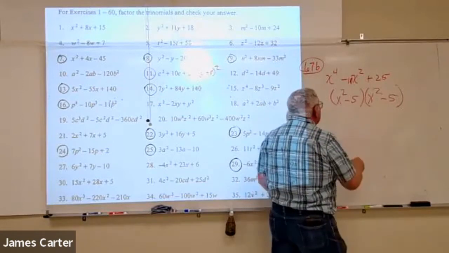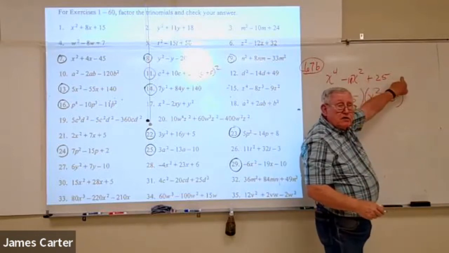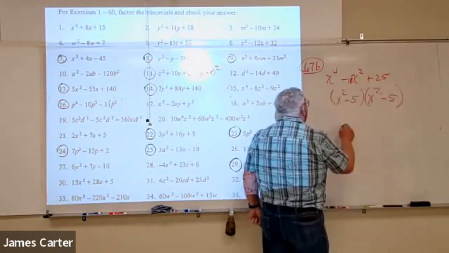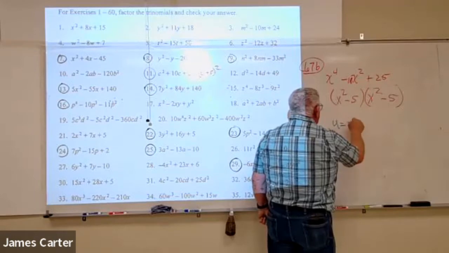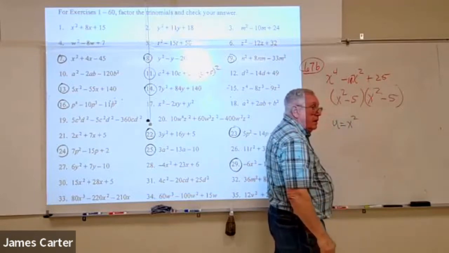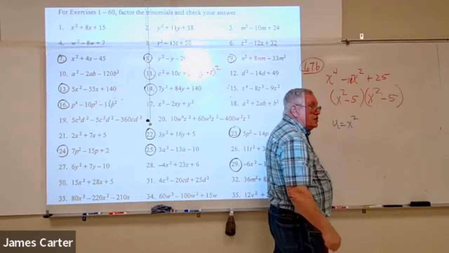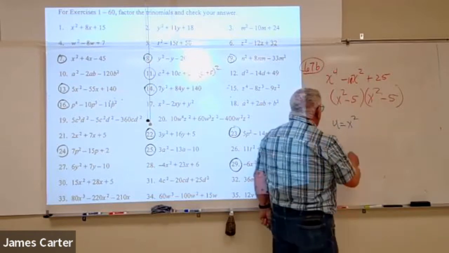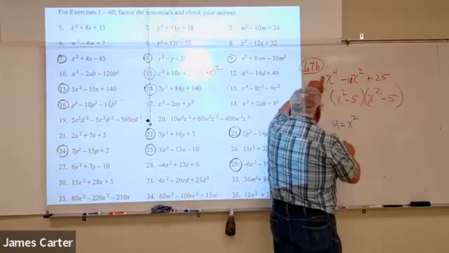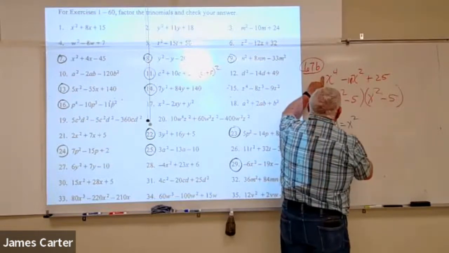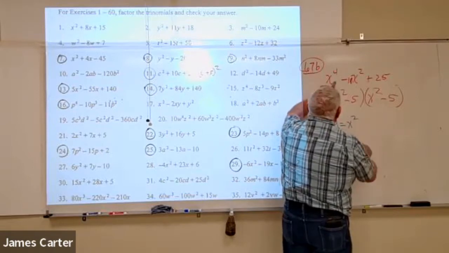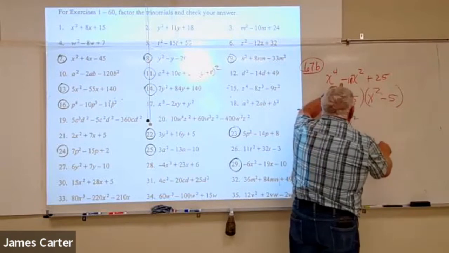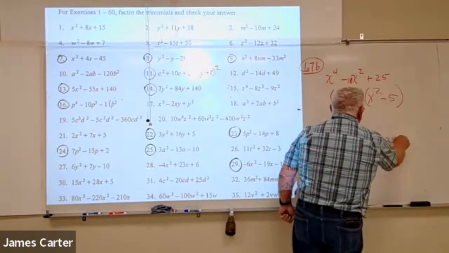Now, I bet on the problem you got there, you got equal 0 out here. No? All right. So if we take this, we can say u equals x squared. We're doing a substitution. So then, if u is x squared, I've got u squared minus 10u plus 25.